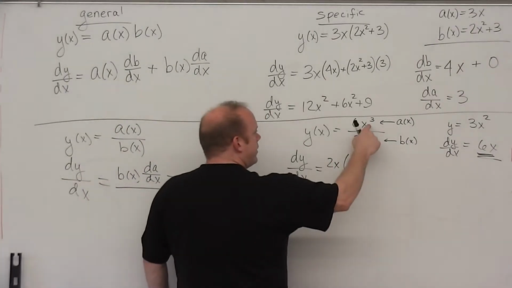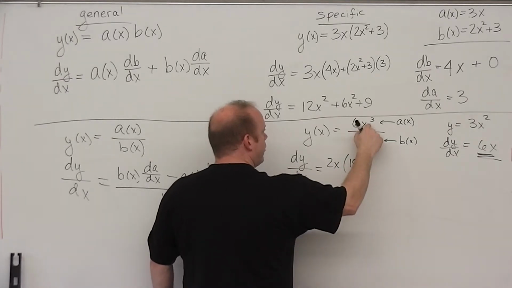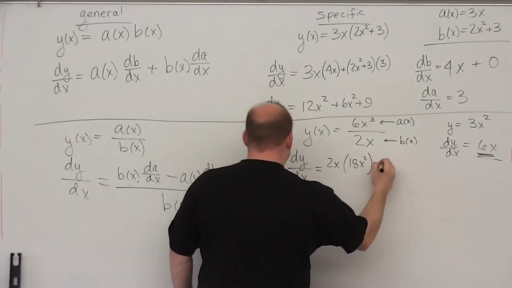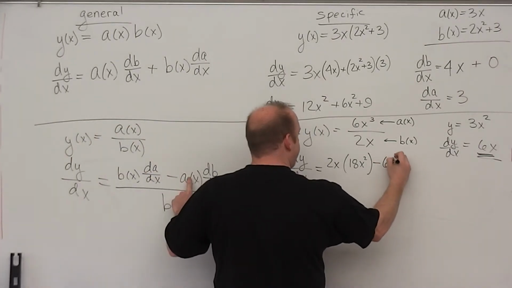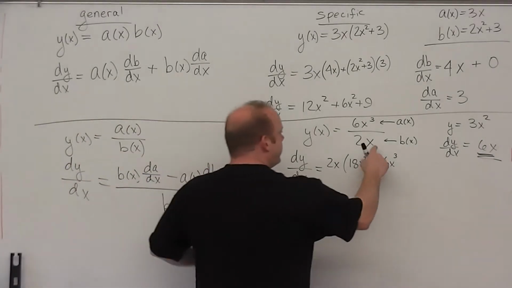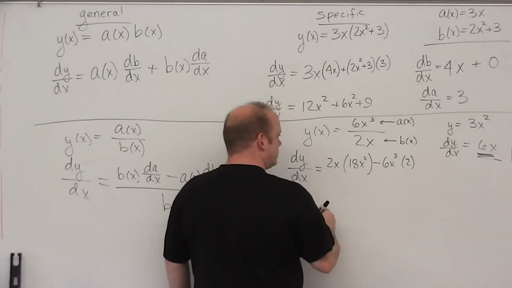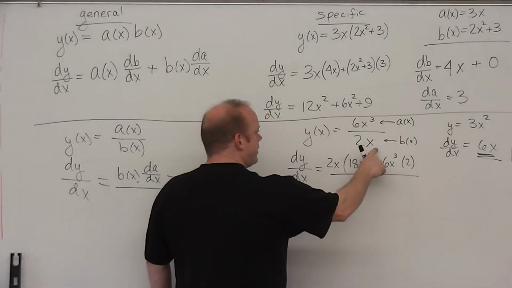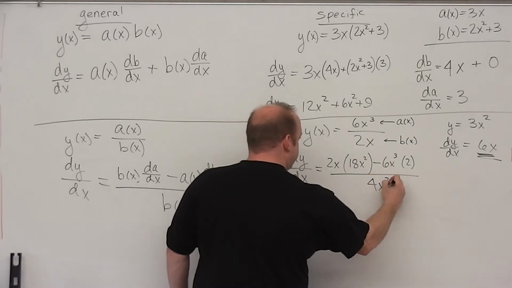So now 3 times 6 is 18, x to the one lower power, squared, minus a of x, 6x cubed, times db/dx. The derivative of 2x is just 2. All over this term squared, so that's going to be 4x squared.